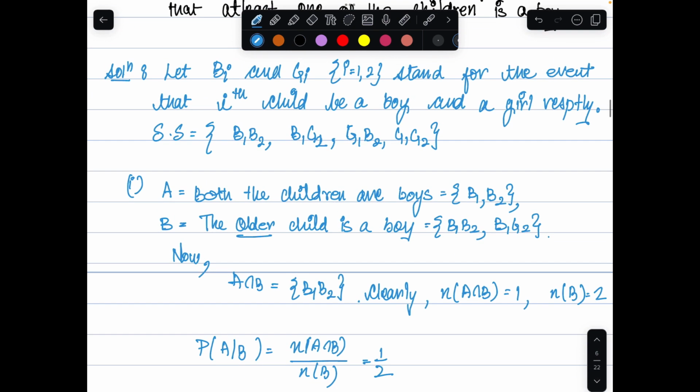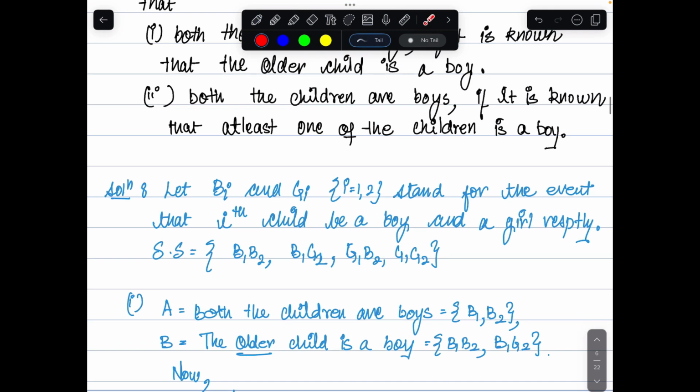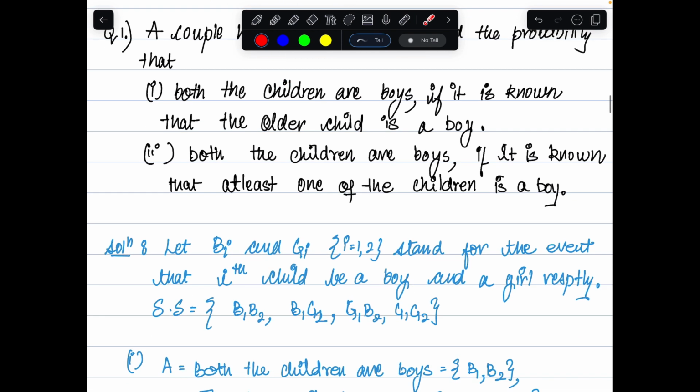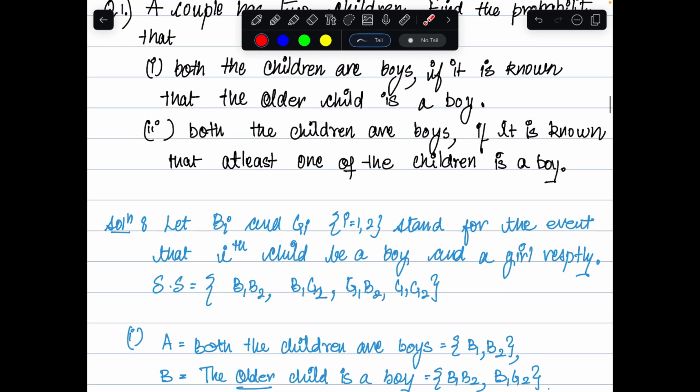Yeah, it's older. See, now the question comes here is students get confused. Why can't we just take B and G? This should be a sample space, right? But after reading the question, you will understand that they have introduced this term older. So they are talking about the order as well, younger and older. That means I am supposed to take 2 boys and 2 girls.